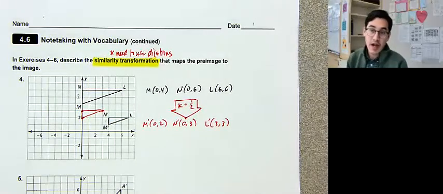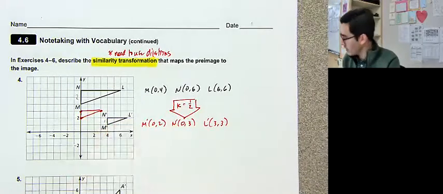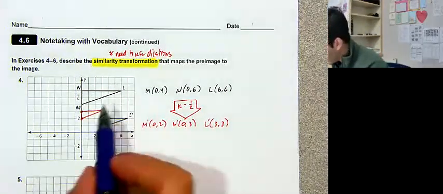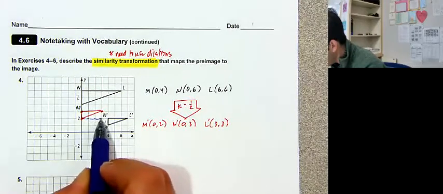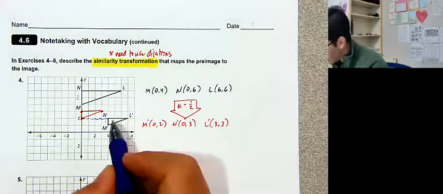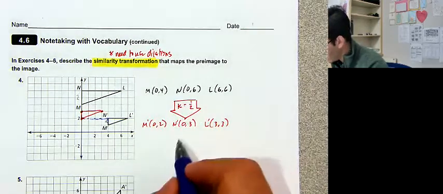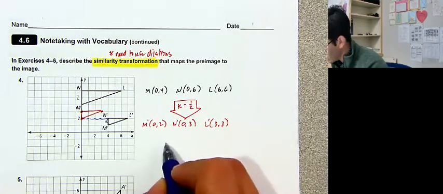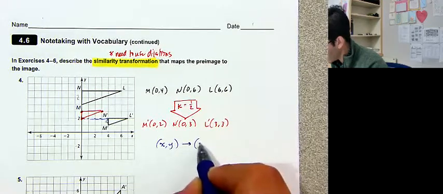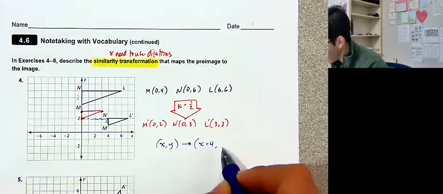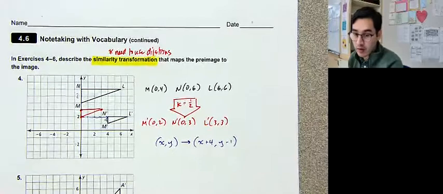So now I've got it to be the right size, but it's not in the right location. I actually need to move it over here. I know that's going to involve moving it 1, 2, 3, 4 spaces to the right, and then 1 space down. So now what I need is a rule that says add 4 to the x coordinate and subtract 1 from the y coordinate.